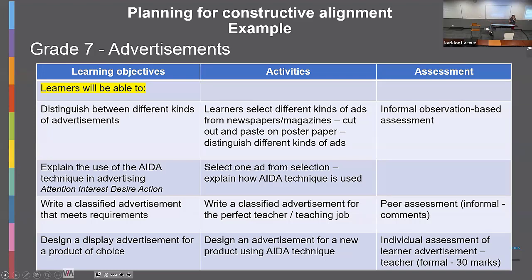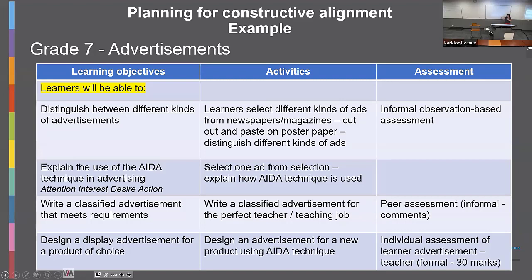The topic is advertisements for grade 7, and you say you would like the learners to be able to distinguish between different kinds of advertisements. So what activity will you use? You will let your learners in groups select different kinds of ads from newspapers or magazines or from Google News, cut them out, paste them on poster paper or design a digital document, and then they must distinguish between the different kinds of ads.